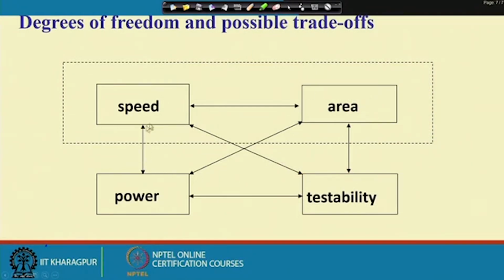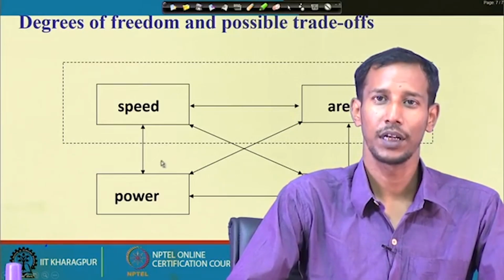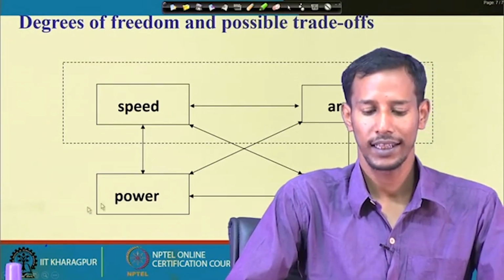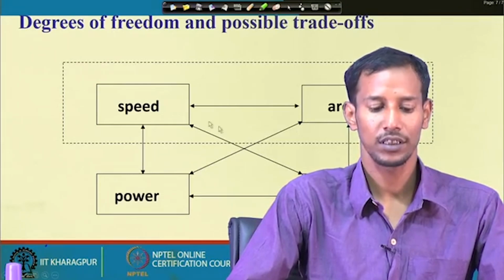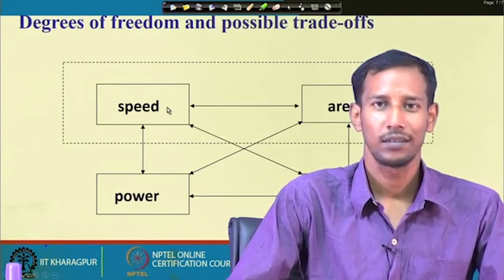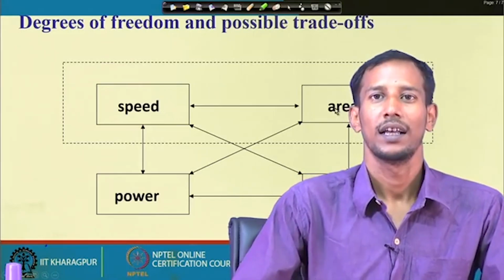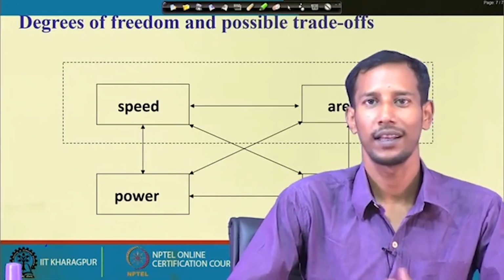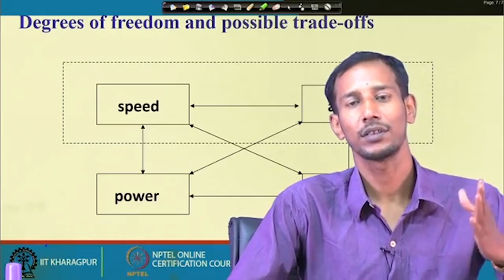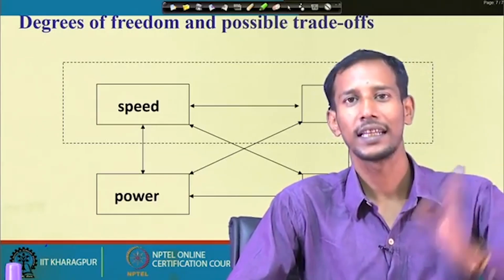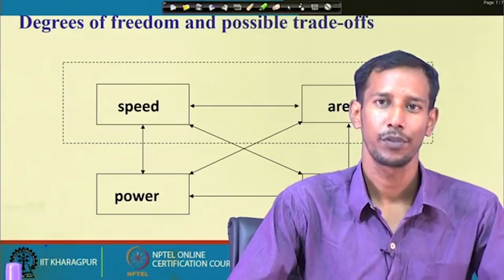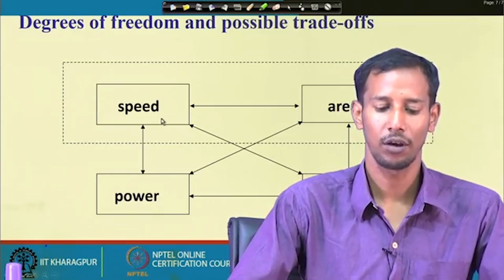Each of these four, area, speed, power and testability, are interconnected to each other and have trade offs among them. Why do they have trade offs? It is not that I can achieve speed and area both at a time. I cannot increase speed and area both linearly, because they have a trade off.